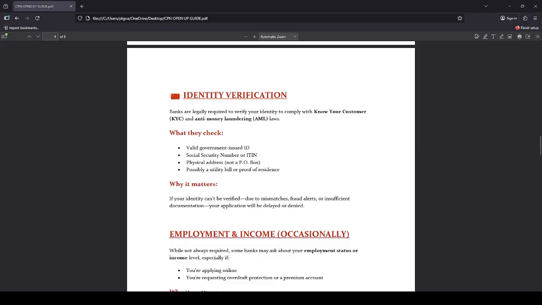So let's say, for example, you built a CPN under your name and your date of birth. Now you have a real ID that you can use. And again, you got a phone number, you attached it to your profile. You can get the proof of utility bills, proof of address. All of this is obtainable.